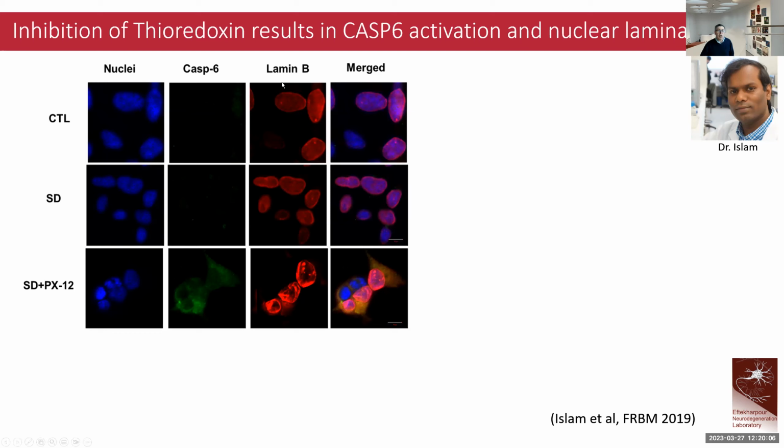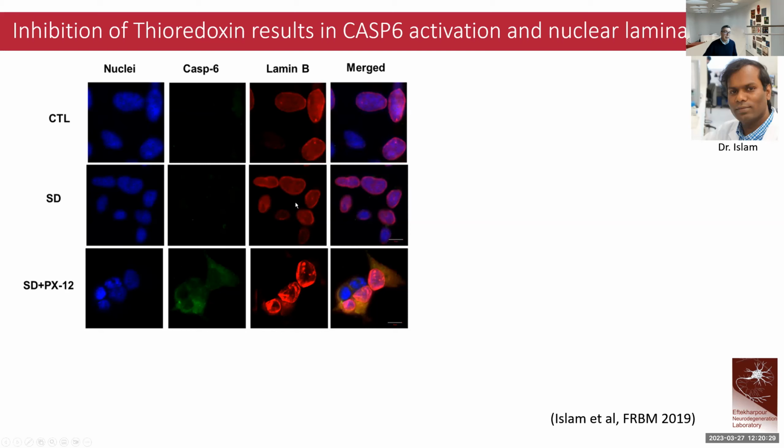So here we are looking at lamin B staining in SH-SY5Y cells, and we see that in normal control condition, lamin B1 is located very nicely around the nuclei and some inside the nuclei. Then when we put the cells under serum deprivation, cells start starving and the nucleus starts shrinking.